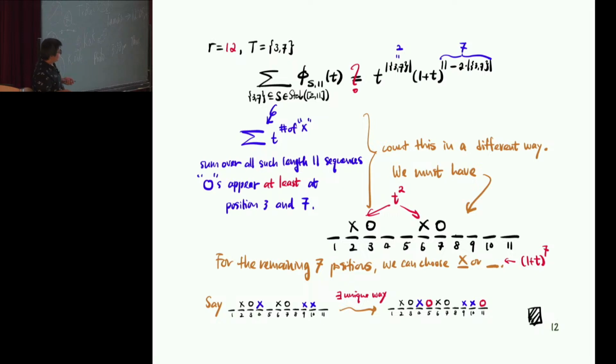Another way is, we already know we have length 11, and we have circles in 3 and 7, so we put 3 and 7 here, and then each always comes with a cross here. And this cross already gives you t squared, which is actually these things. And then what we need to do is, now there are 7 remaining positions. We can either choose to put a cross or not put a cross. And this will give you 1 plus t to the 7, which is these things.